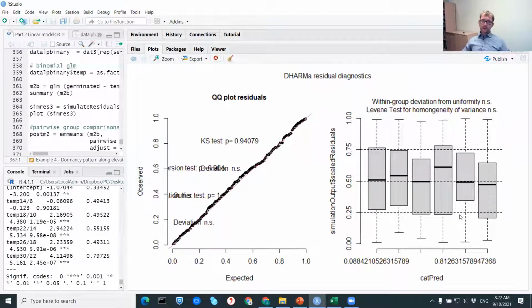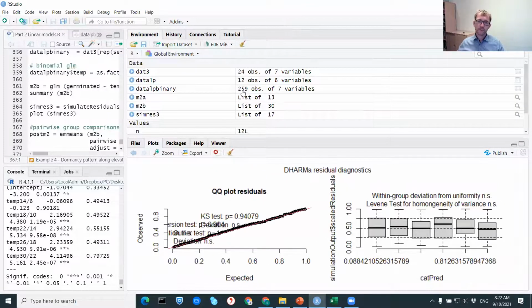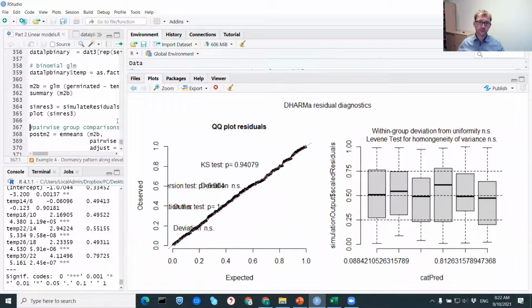And you can see, well, everything looks fine, no strong deviations. And the point here is that because I now have more data in a different format, I could fit this binary model. And because now I have 259 points instead of 12, I can show that my predictions from this model, the model estimates, are more solid and more trustable.